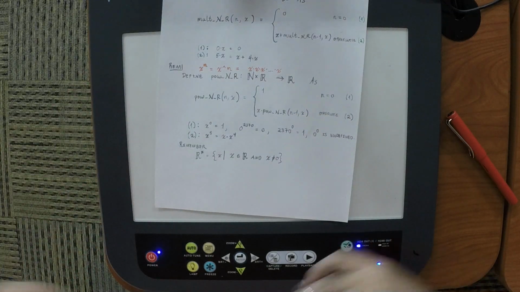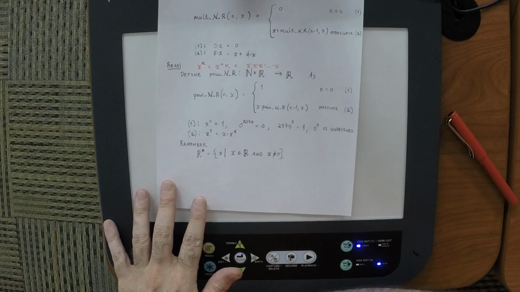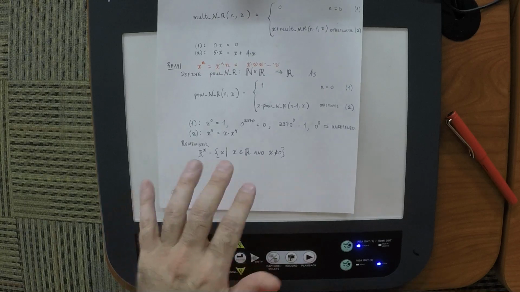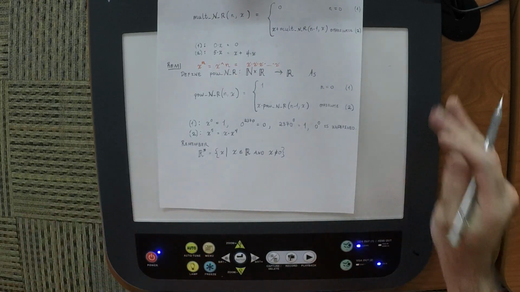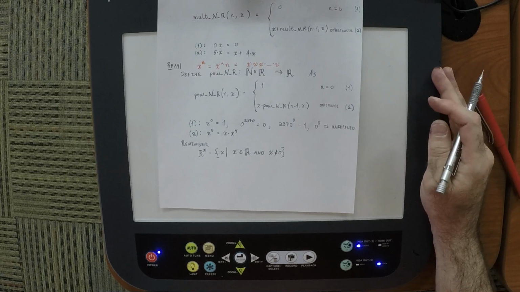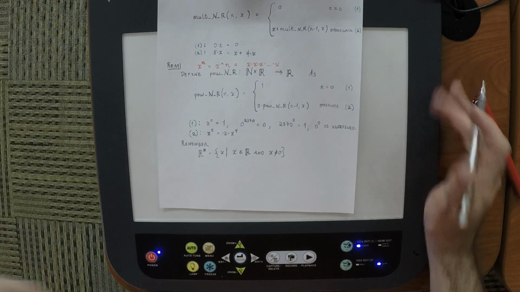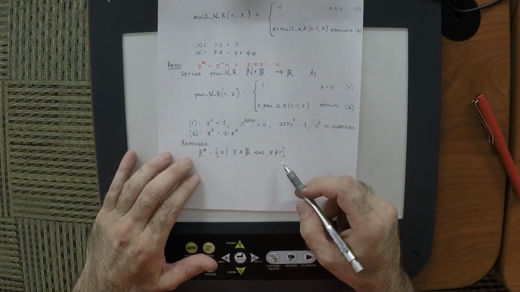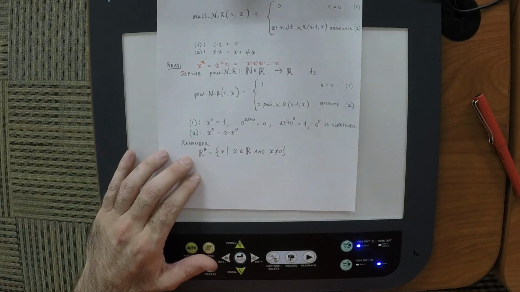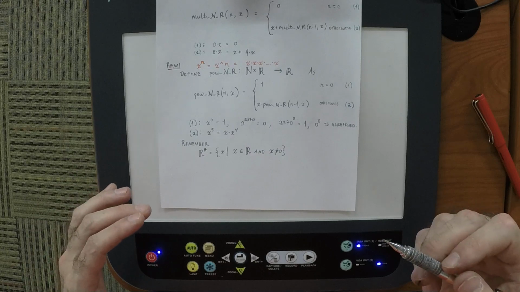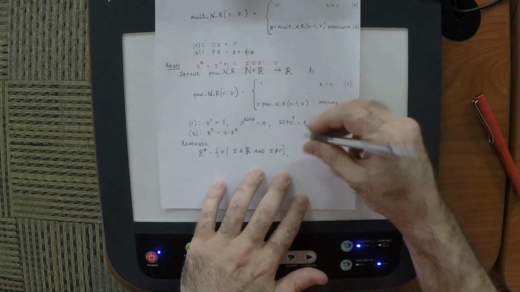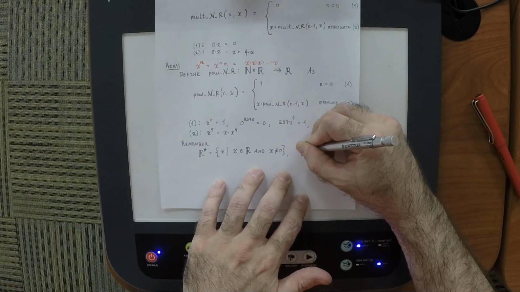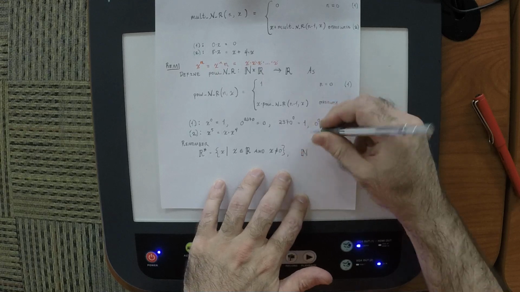The reason for that, at any rate, is that this set R star constitutes something called a group under multiplication. Okay. So by analogy, N star means the same thing. Yet, for reasons that I won't go into, it's not a group. Whatever that means.